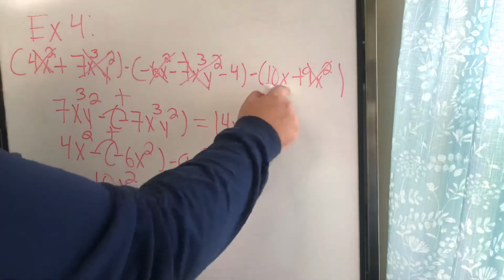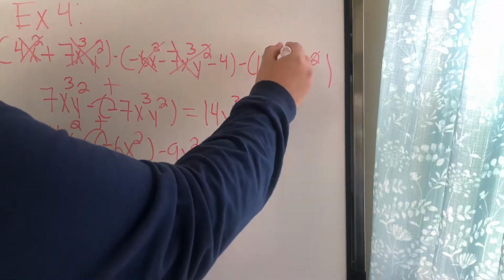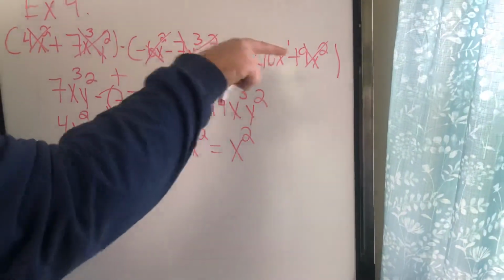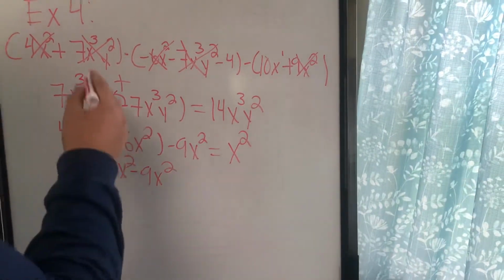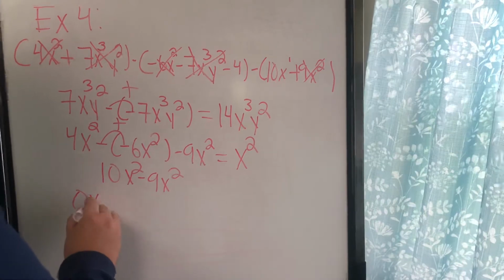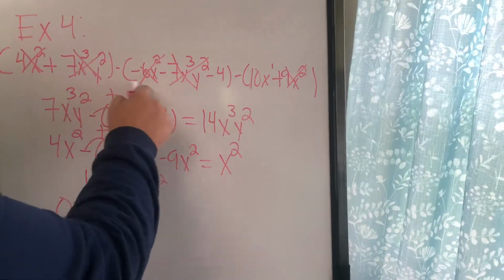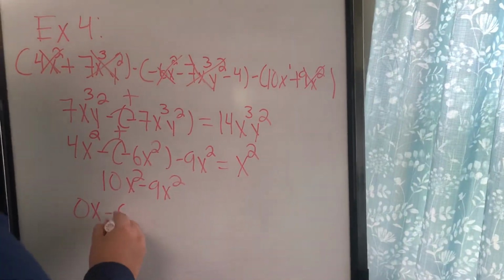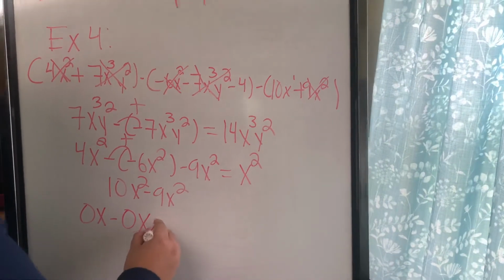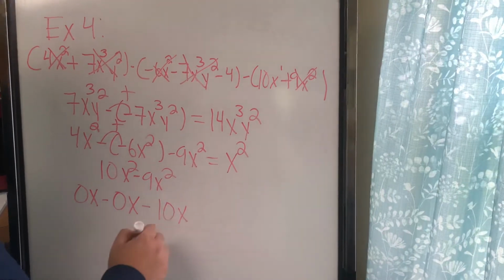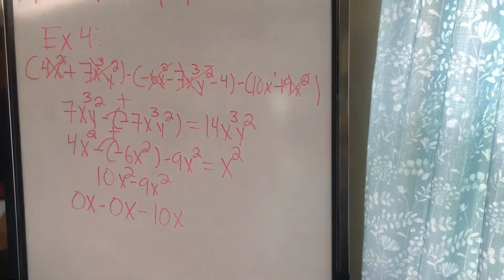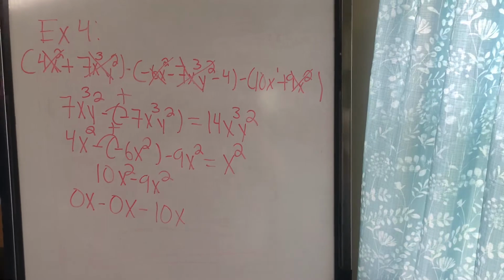So this is the important one. Exponents. We only have one that has a base and has an exponent of 1. But notice it's on the far right. So we got to go all the way to the beginning. So I'm going to write out 0x minus, notice there's not another one here, so I'm going to write 0x minus 10x. Right? So from here, let's put them together.